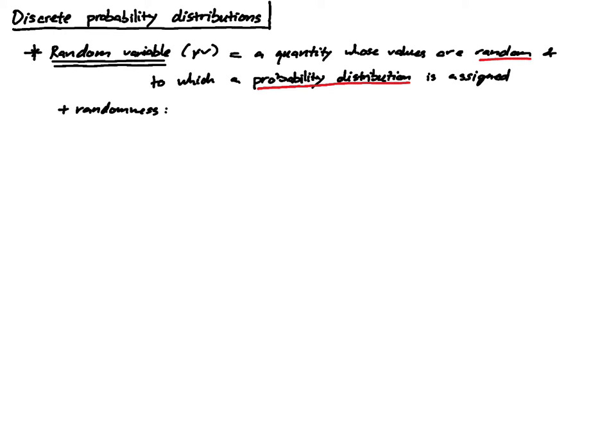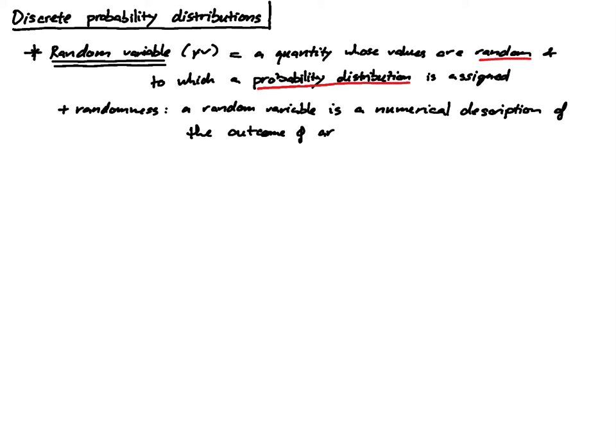Now, the randomness comes from the fact that a random variable is a numerical description of the outcome of a random experiment. Okay. So what does this mean?